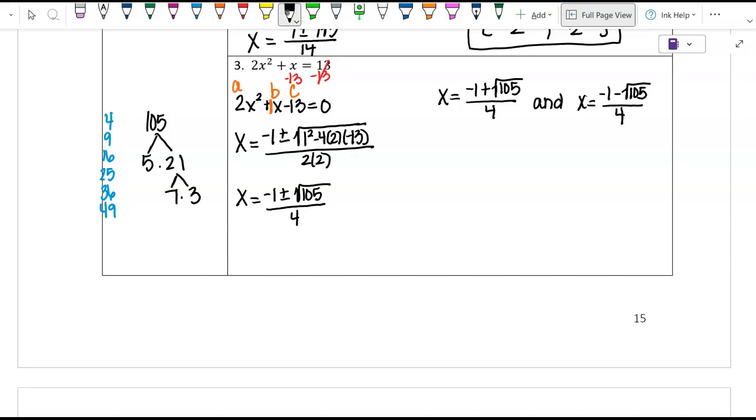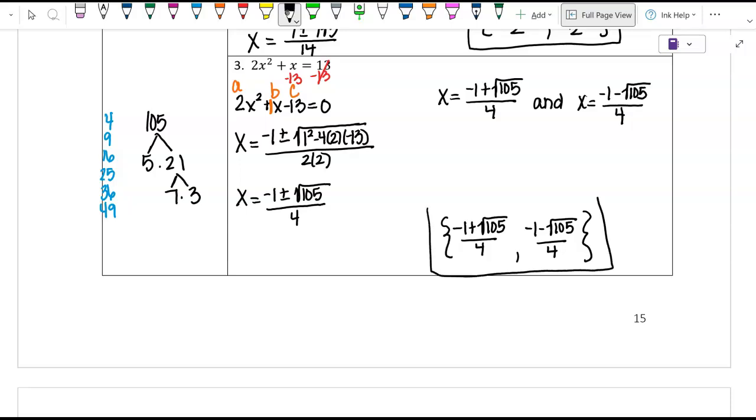There's nothing else that I can do, so that actually becomes my solution set. Negative 1 plus radical 105 over 4, negative 1 minus radical 105 over 4. So again, not every radical can be simplified. It just depends, can we take any perfect squares out?